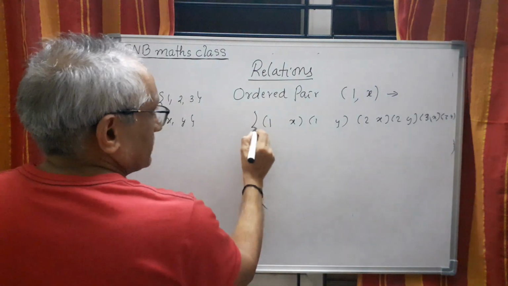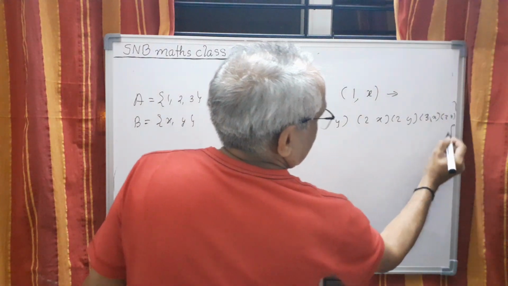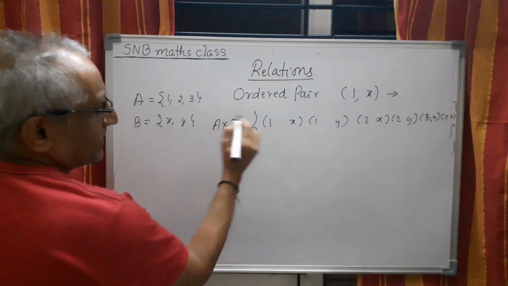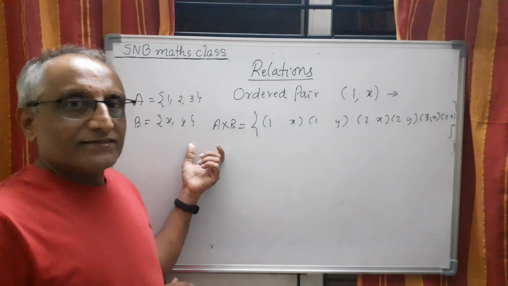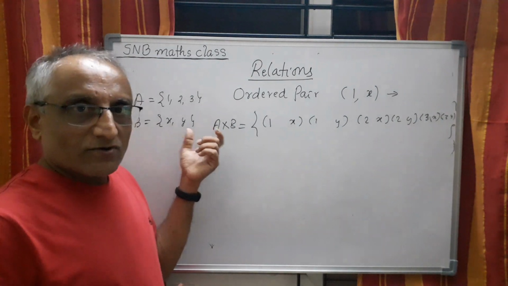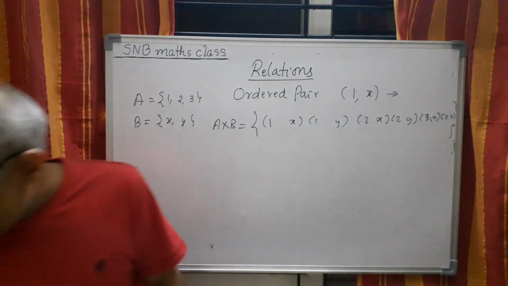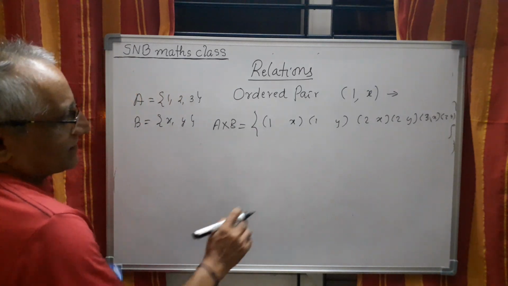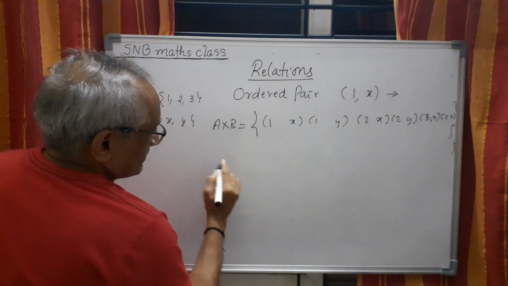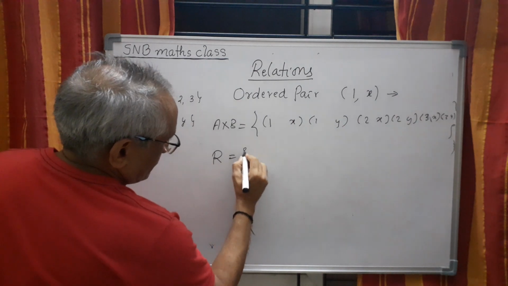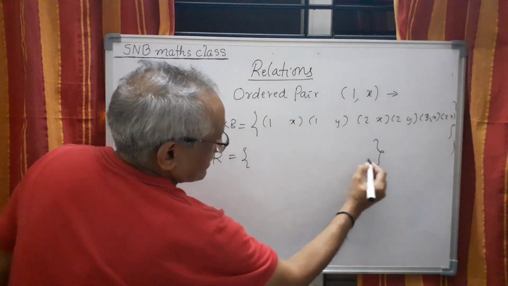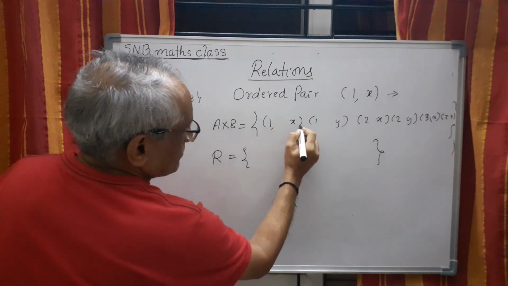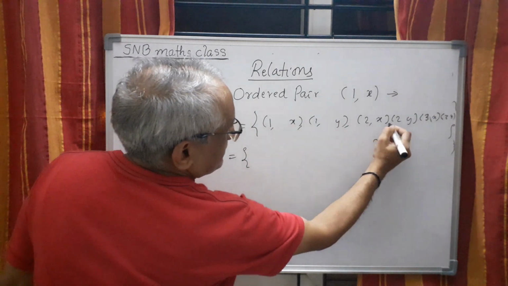Now, if you put them inside the bracket, this is a set and we called it A cross B. This is Cartesian product or cross product. This much we have studied. Then taking a subset from this one, we define the relation. What is relation? This also we studied last year. You take some of the elements of this one. Of course, you have to put comma here. This is the convention.